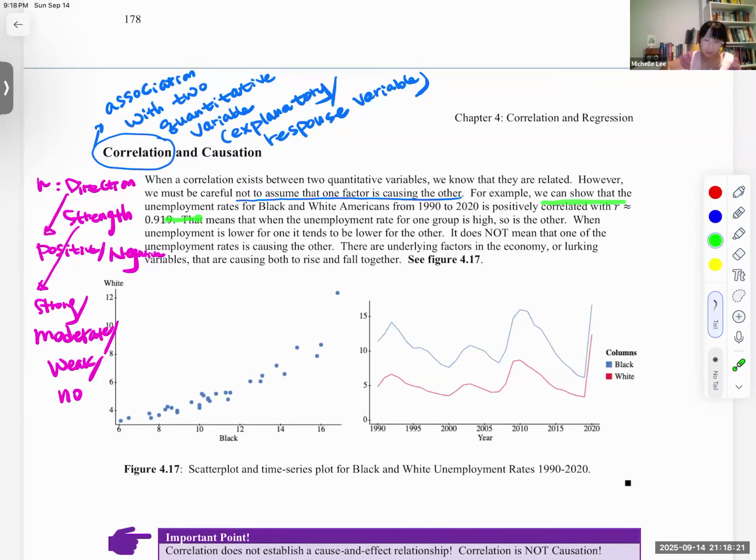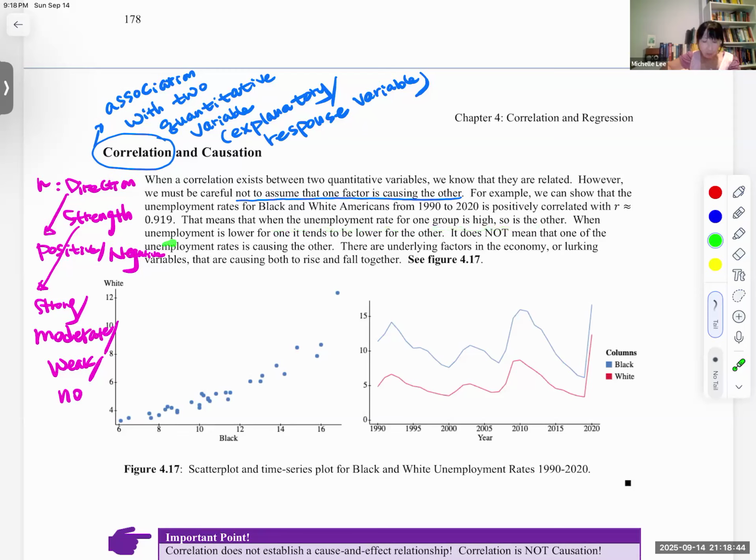So they talk about the unemployment rate for Black and white Americans from 1990 to 2020 positively correlated with R equal to 0.9, which is very strong, right? So when the unemployment rate for one group is high, so is the other.